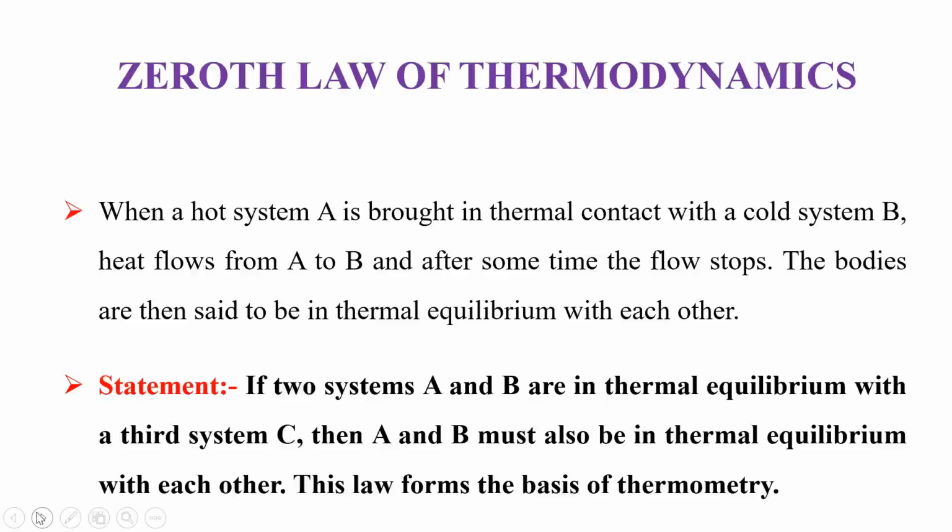A and B, these two systems, are in thermal equilibrium with system C. Then A and B are also in thermal equilibrium with each other. That is the zeroth law of thermodynamics.